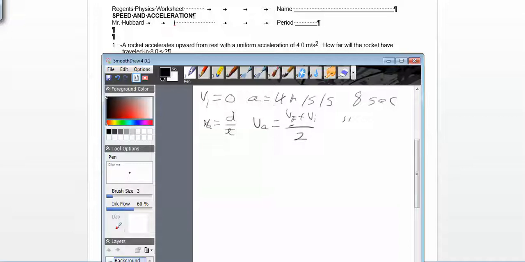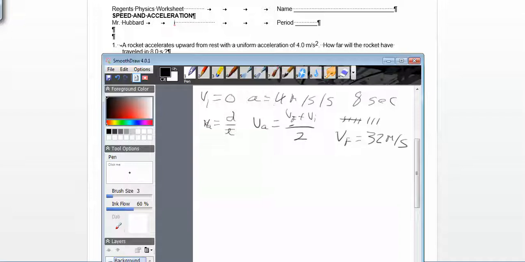After 2 seconds, it's 8 meters per second. Then 12 meters per second, 16, 20, 24, 28, 32. Our v final equals 32 meters per second.